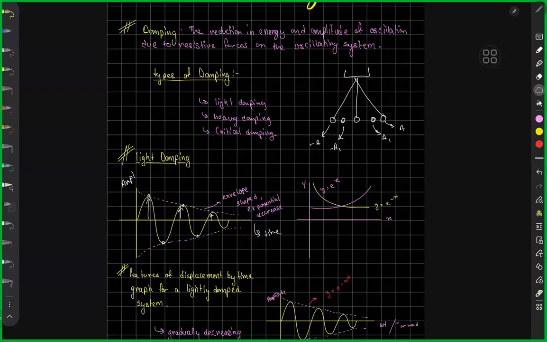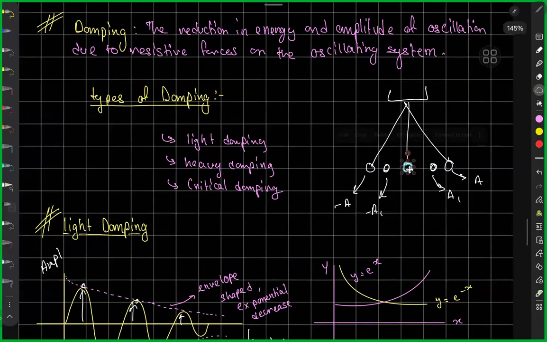What does that mean? Whatever time was needed for this bob to go from positive maxima to negative maxima and this position, let's say 5 seconds, it will still take 5 seconds to go from this new positive maxima to this new negative maxima and equilibrium position. It will also take 5 seconds.